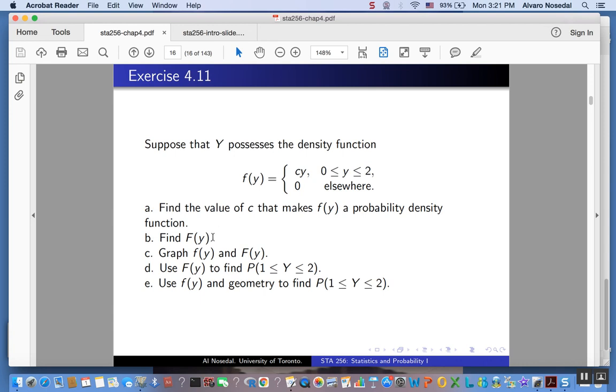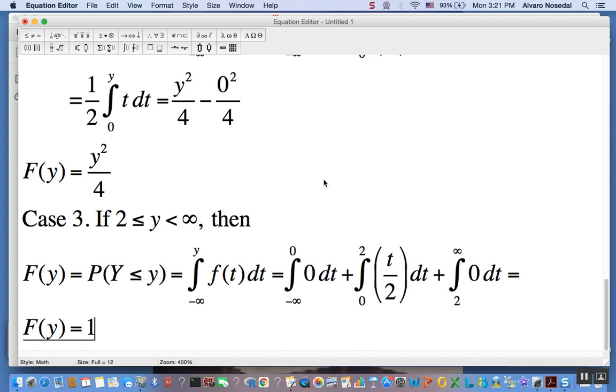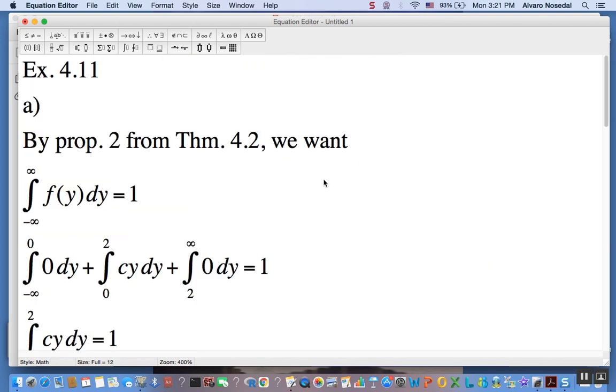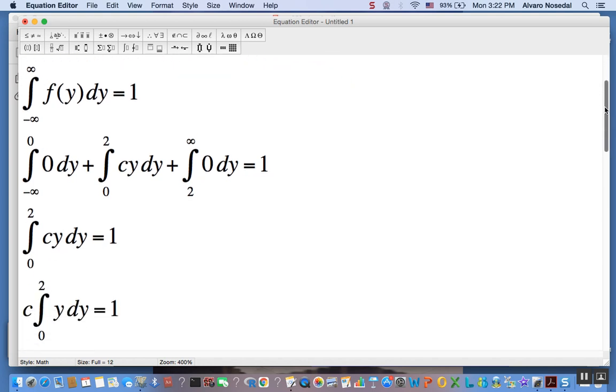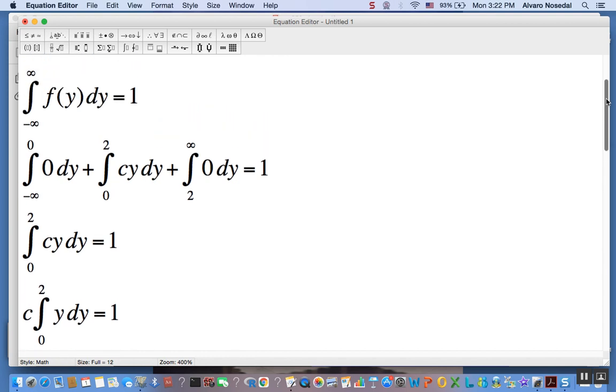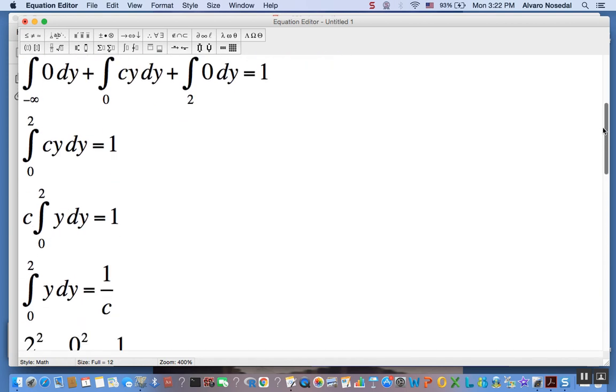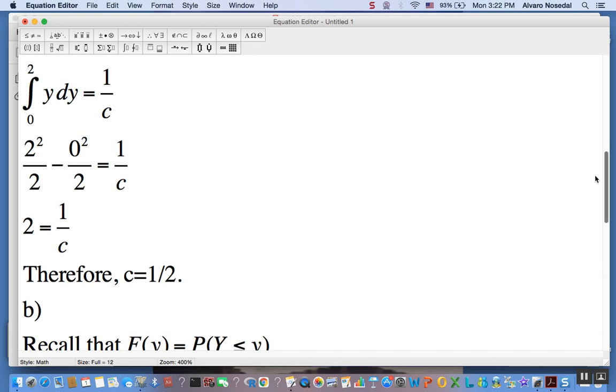Okay, part C. I already prepared those graphs for you, but we're going to use what we have been doing together from parts A and B. From part A, what we have is that the PDF is 0 outside the interval 0, 2, but now what we know is that the probability density function is y divided by 2.